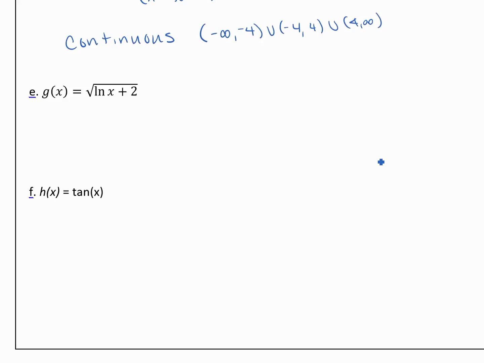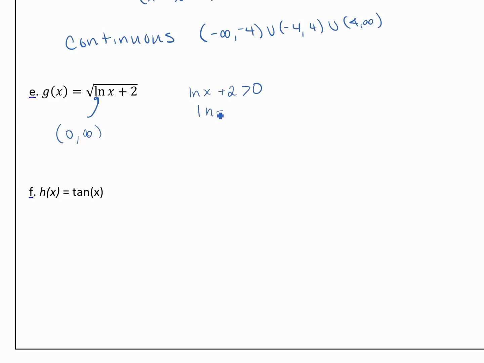Okay, here we have two functions. So we have the square root of natural log of x plus 2. And two things. Well, for natural log of x, you can only plug in positive values. So we already know because of the natural log of x, we couldn't plug in anything that was less than 0. So at a maximum, we'll have from 0 to infinity. Now the other thing we need to check is that the whole radicand, natural log of x plus 2, is greater than 0.